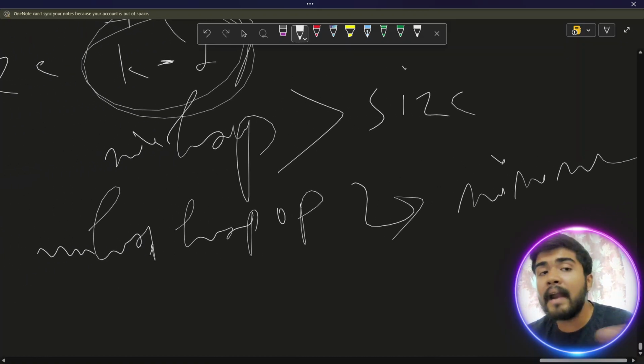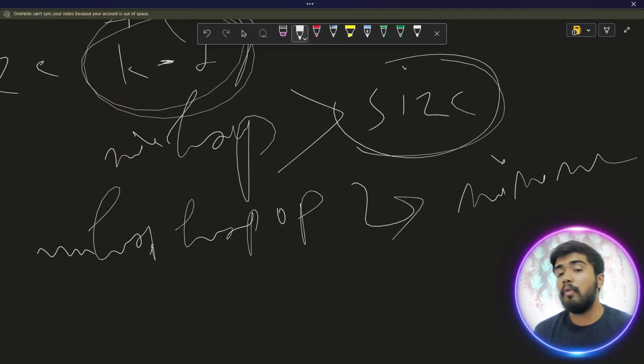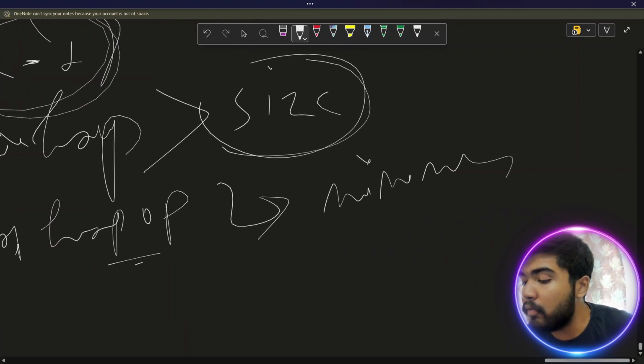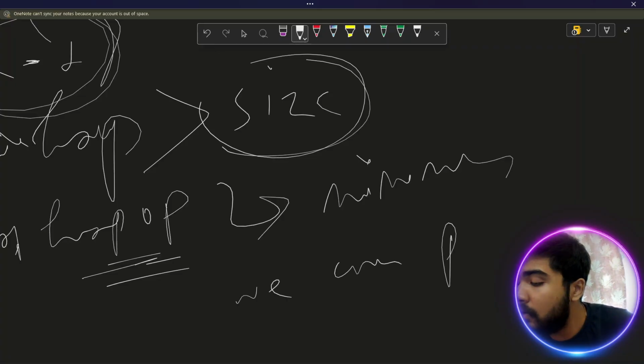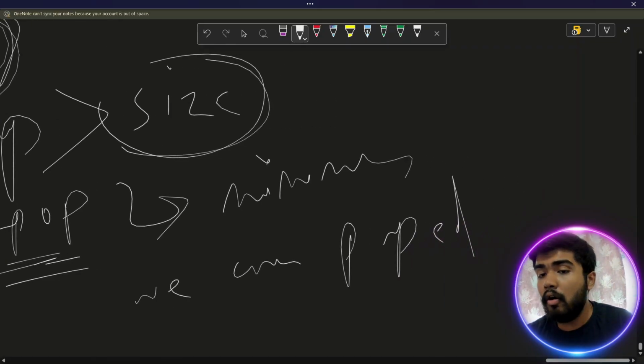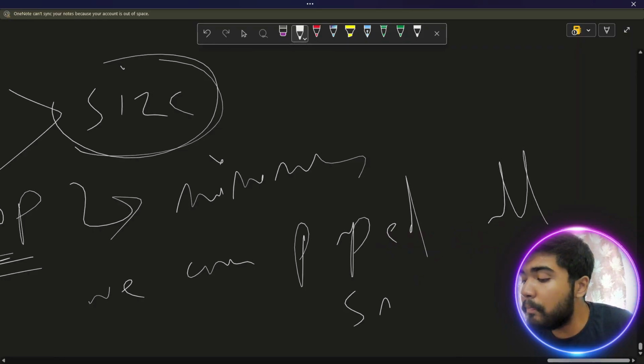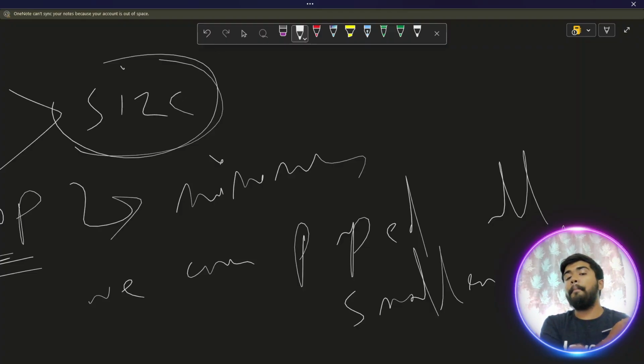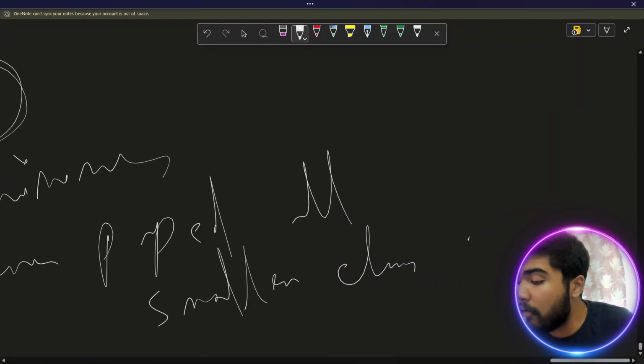When the size is more than k-1, we pop, and this way we pop all the smaller elements in our consecutive sums.